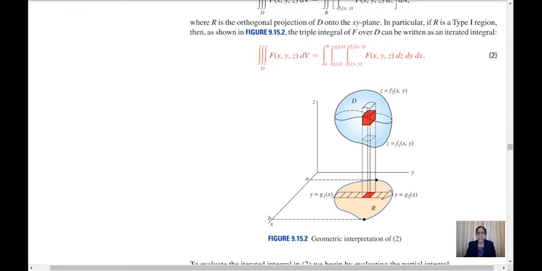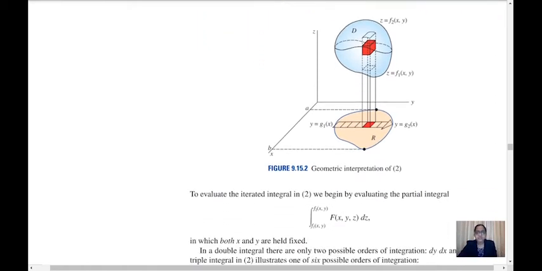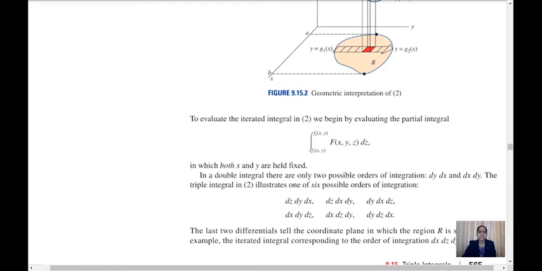But that is not the case with triple integrals. We have many options: dz dy dx, dz dx dy, dy dx dz, dx dy dz, dx dz dy, dy dz dx. There are actually 6, that is 3 factorial, possible orders of integration. So we can change the order in whatever suitable manner we need.